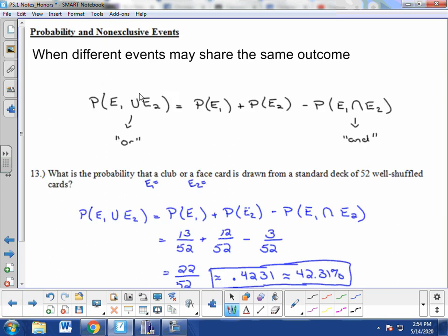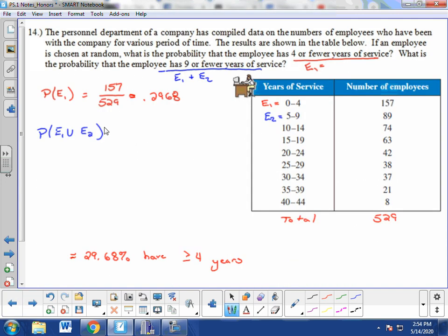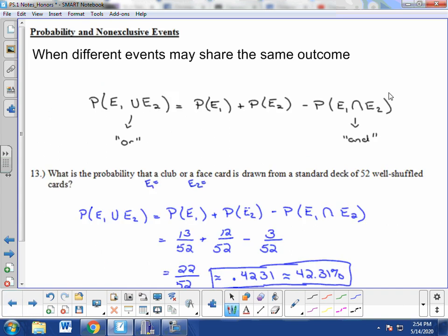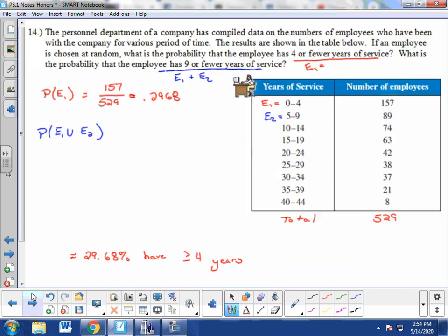But this is not what we just did. Non-exclusive events mean there's some overlap in the outcomes. So for example 13, there were some clubs that were face cards. Event 1 and event 2, there were some that were both. If I look at this example, the statement here is the same. It's an or statement, but there are no values from event 1 that are also in event 2. So what I don't have to worry about doing in this case is subtracting the and part, because there is no and.